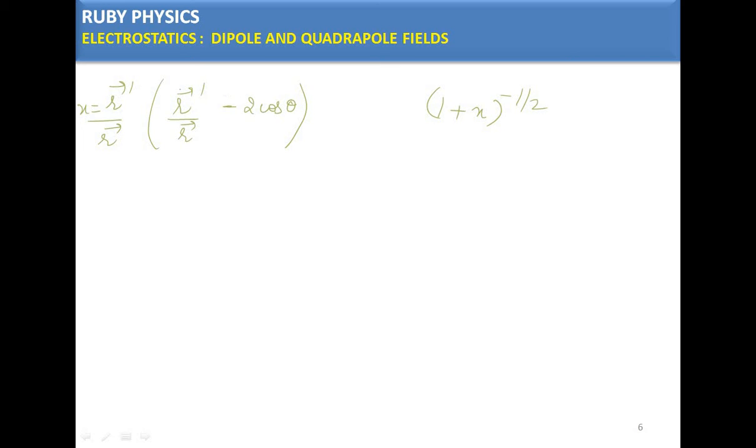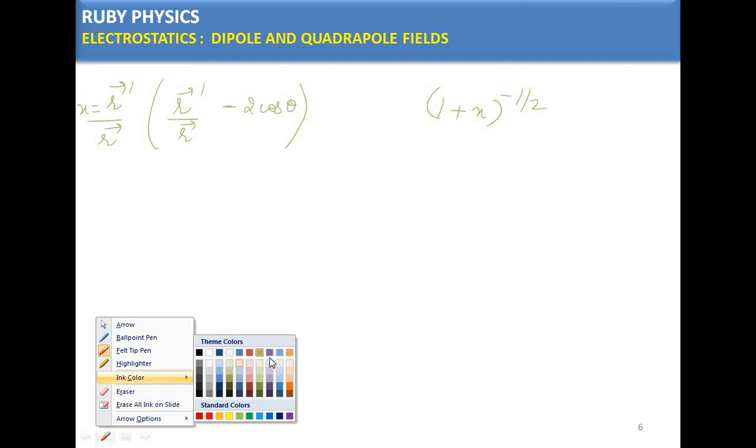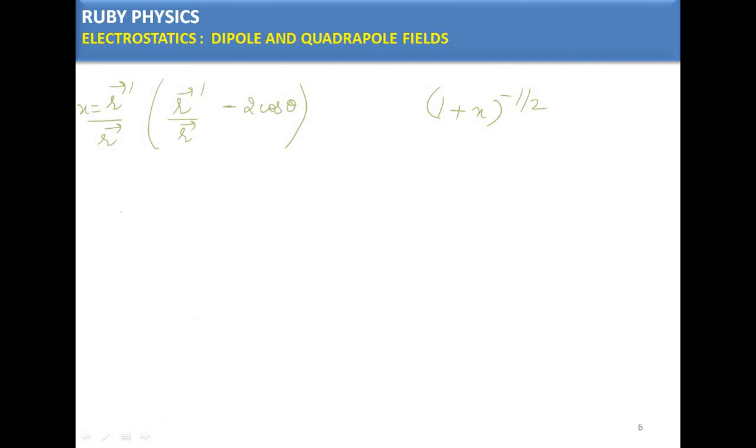So we will expand this equation using the binomial theorem, binomial expansion. We will expand 1 plus x to the power minus 1 by 2 using binomial.